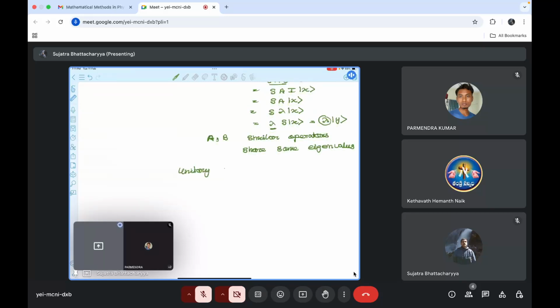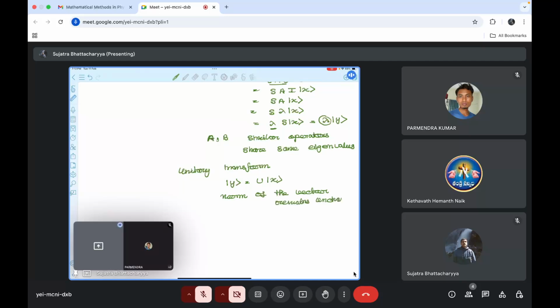We have discussed the unitary matrix. Similar to that, suppose Y equals U of X. See, the norm of the vector remains unchanged. We have proved that the norm of the vector remains unchanged.